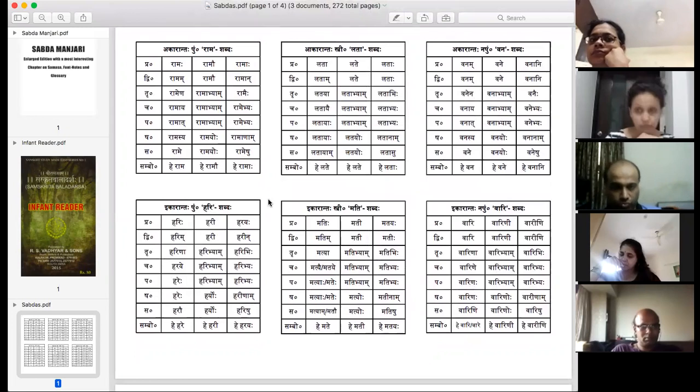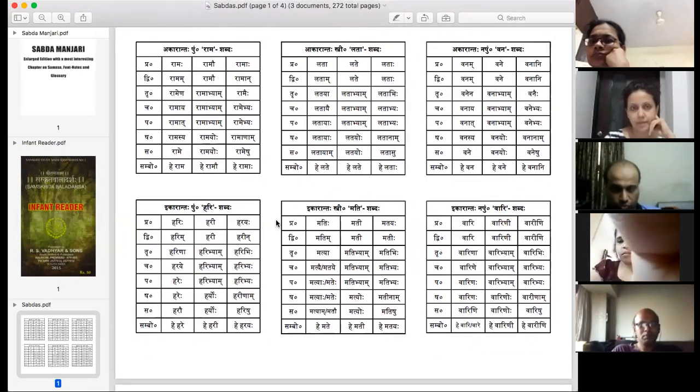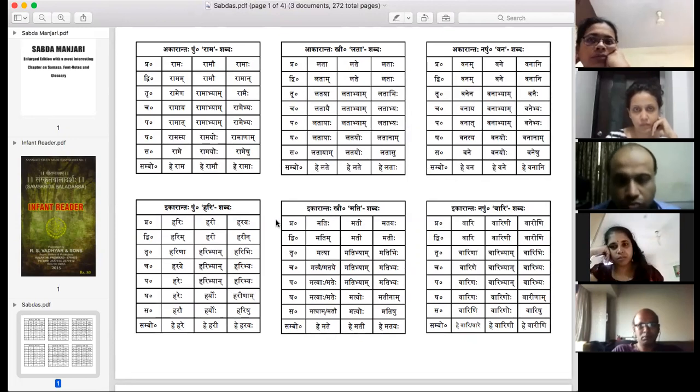So here also I'm just assuming that you know how to read them. There is a particular method of reading the Shabdas. This is how you read. You start like Akarantaha, Pullingaha, Rama Shabdaha.